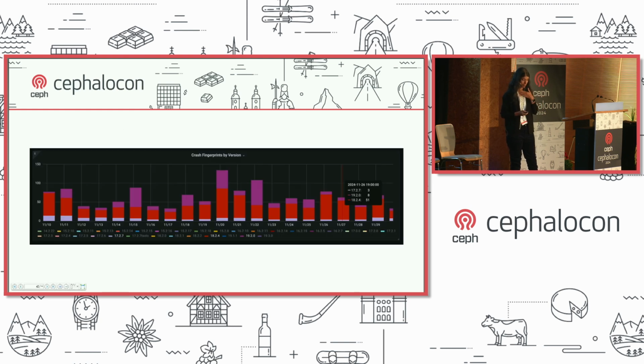So for example, here, this is a pretty recent snapshot of all the crash fingerprints or signatures that I mentioned according to the different versions. So we can see that already for Squid, there are a few crashes that are reported, and we can tell if they're new just in Squid or they happened in other versions as well.